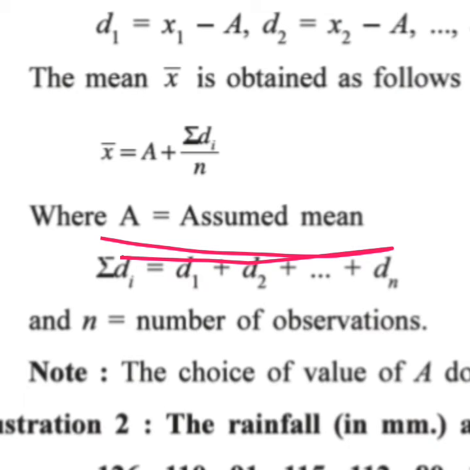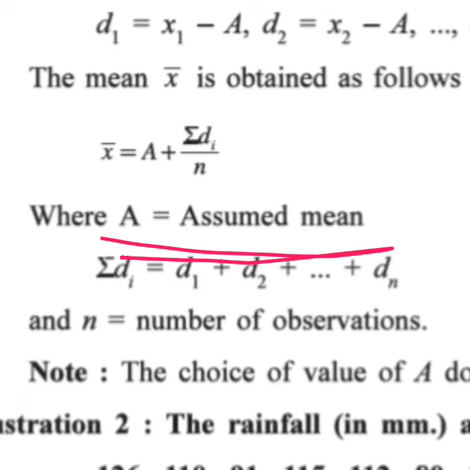That is, from whatever observations are given to you, you take out such a central value, or such a value which is concentrated upon by the other values. Such a value can be regarded as the assumed mean. That is, you are assuming a value out of all the observations that it could be the mean of all the observations, and that is your a.